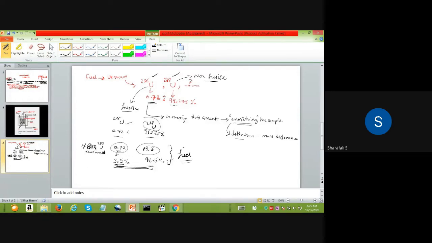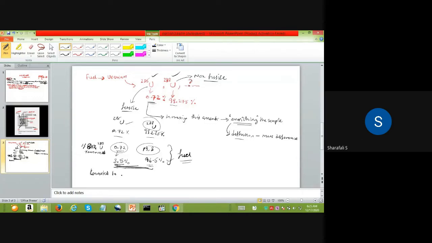Now this fuel is nothing but this uranium after the enriching process. This uranium has to be converted to pellets.